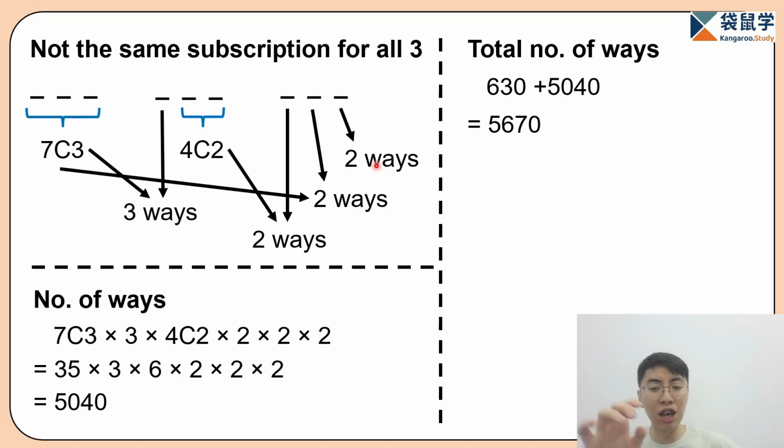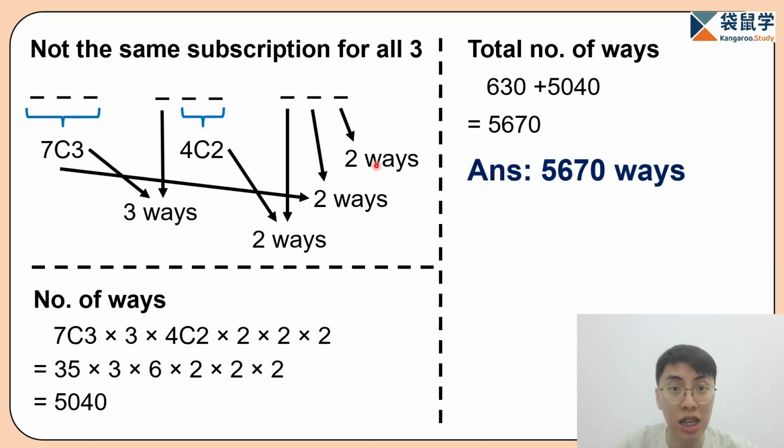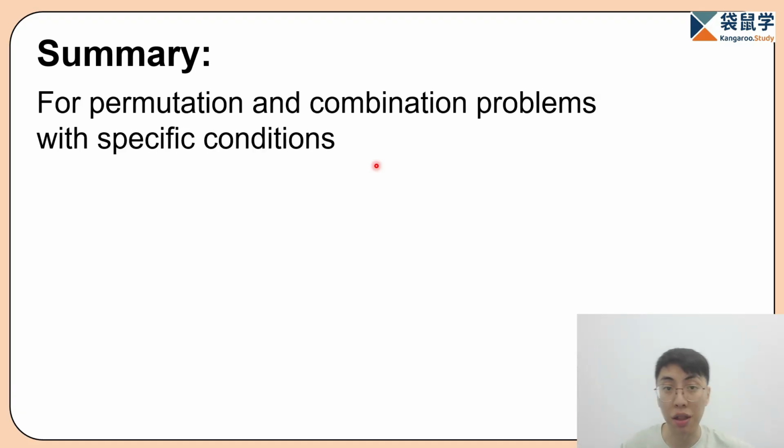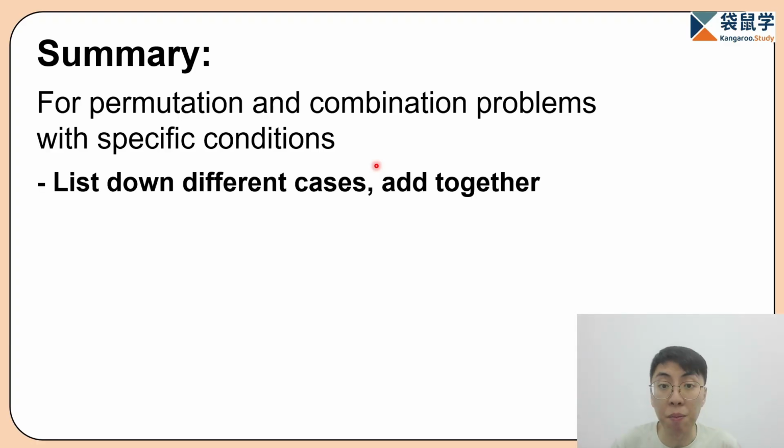So with that being said, we have finally come up with our answers. But what did we learn in this complicated question today? The answer is very simple. When we are asked to select methods, to choose ways, and there are specific conditions being mentioned, the first thing we have to do is, if there are multiple cases, we split them up into all of those cases and we sum them up together.